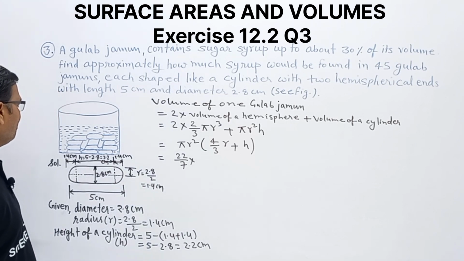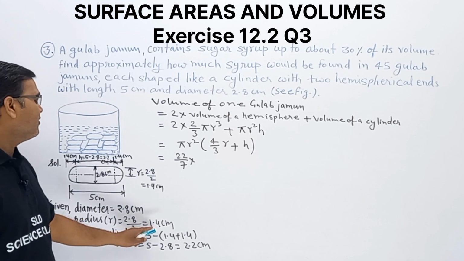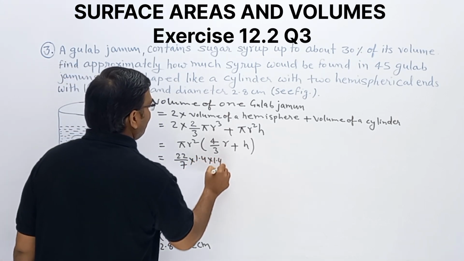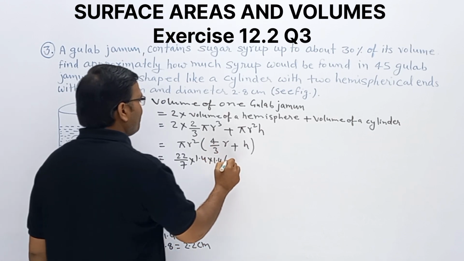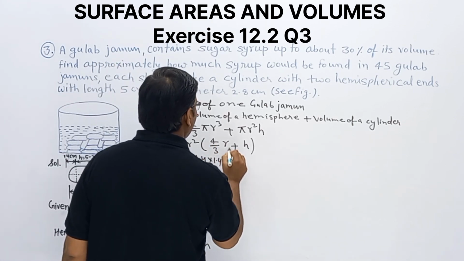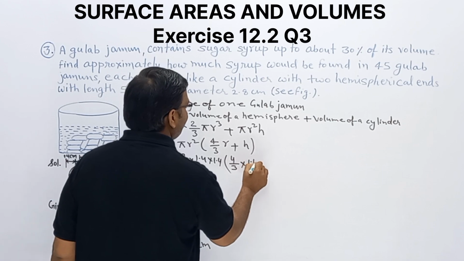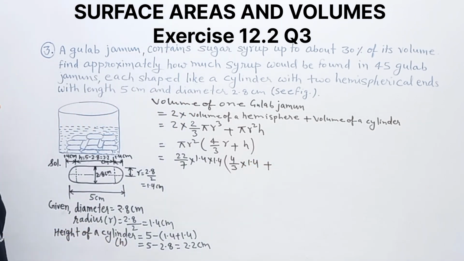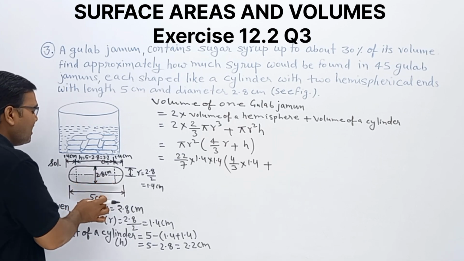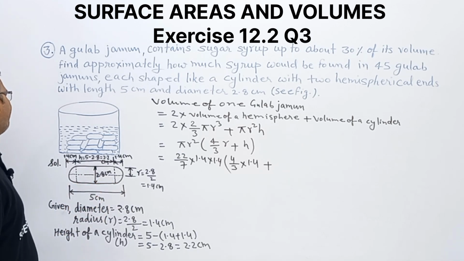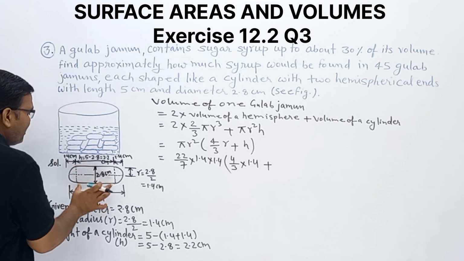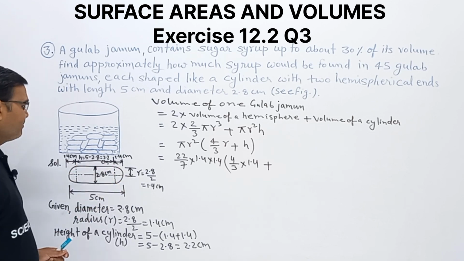The diameter of a jamun is 2.8, so half of the diameter is 1.4 centimeter. So 1.4 into 1.4 into (4/3 into the radius 1.4 plus the height of the cylinder). H is the height of the cylinder. The total length of a jamun is 5 centimeter, but from this length we subtract this part and this part.